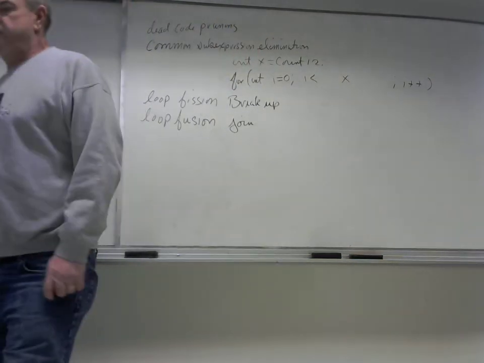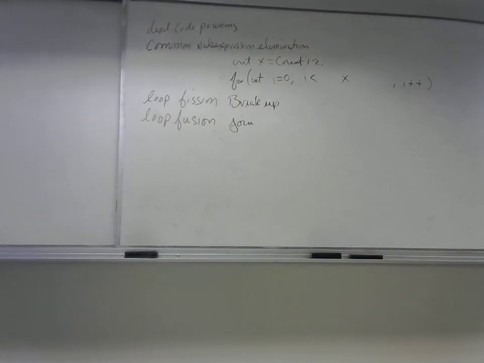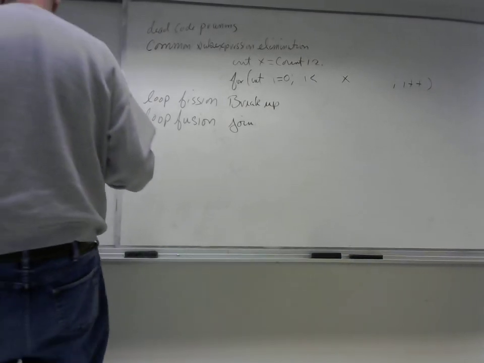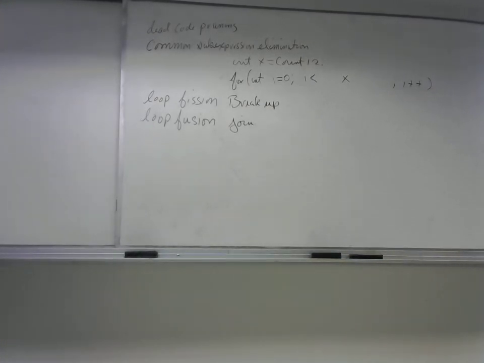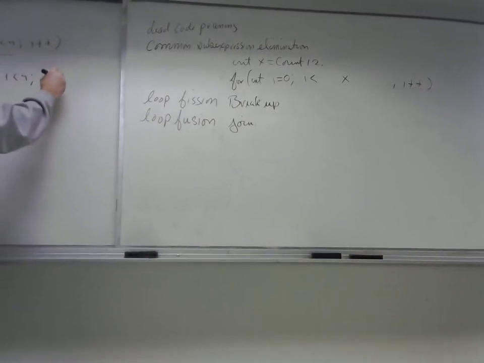Loop fusion is where you take two or more loops and turn them into one loop. So you might write code like for i = 0, do something, for i less than n, i plus plus, do something else.